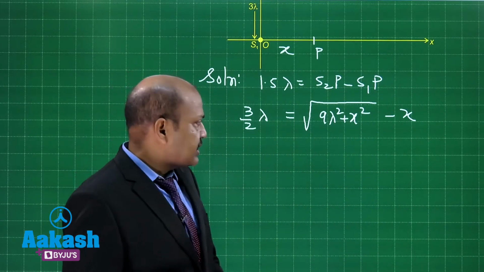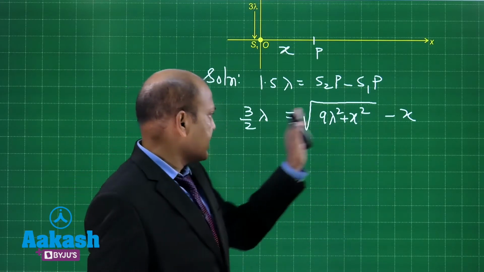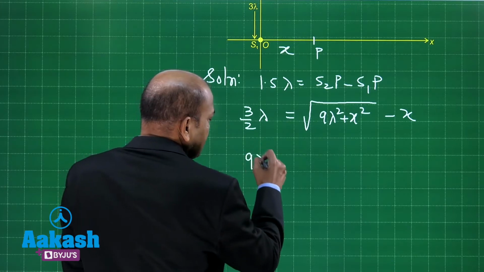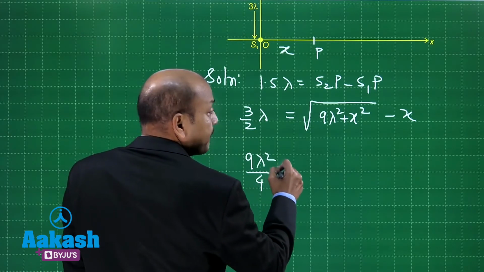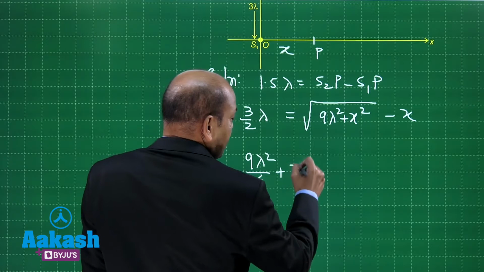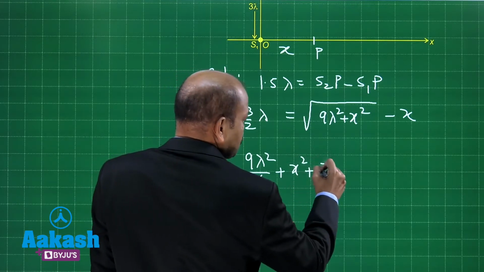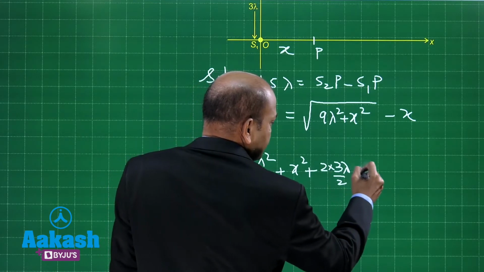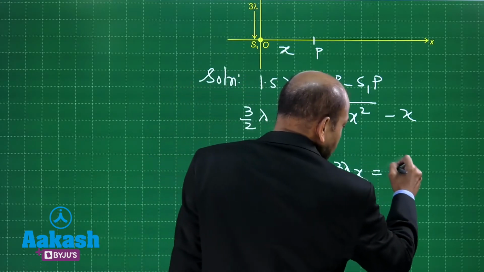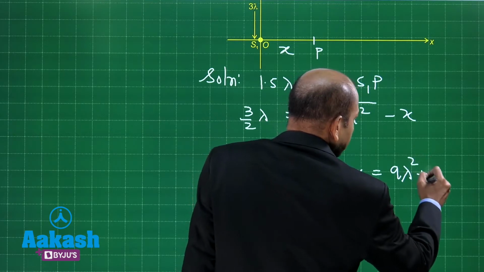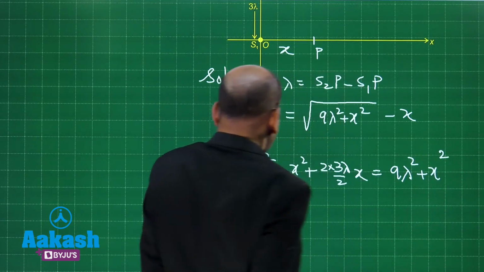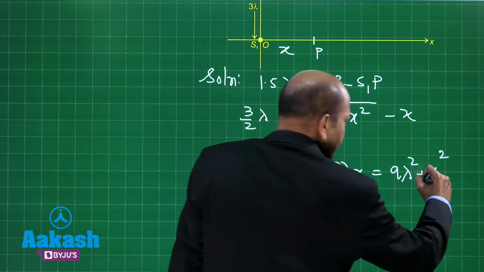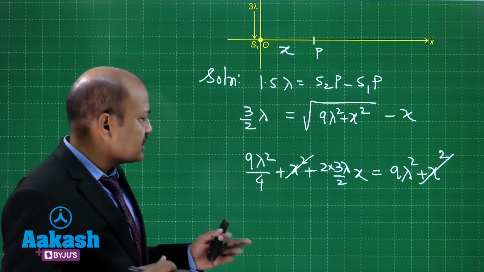We can make our task a bit easier by shifting x to this side and squaring both sides. That will give us 9 lambda square by 4 plus x square plus 2 times 3 lambda by 2 into x is equal to 9 lambda square plus x square. A very simple equation to solve now. We can cancel x square on both sides.